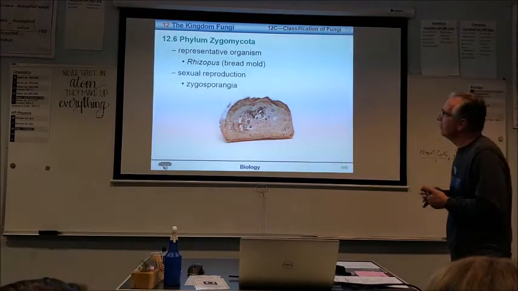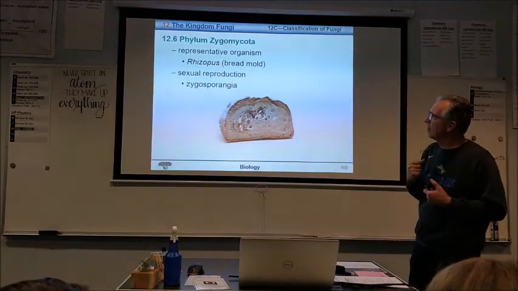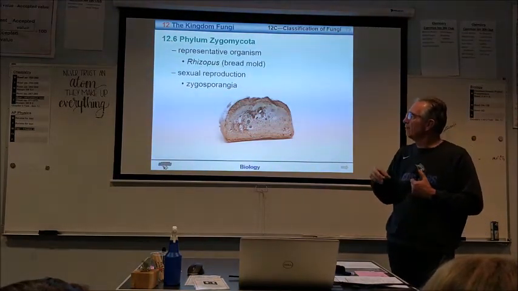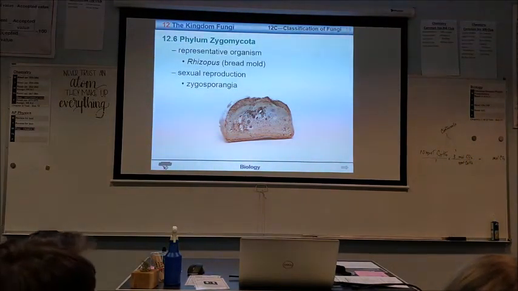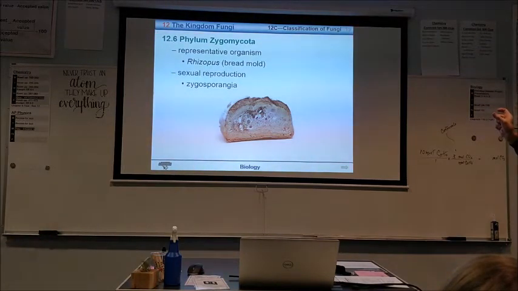Its form of sexual reproduction is that it forms a zygospore, so we call it zygosporangia. And so can you see where they're taking the zygote, putting it in front of the fungus, and coming up with the phylum name?